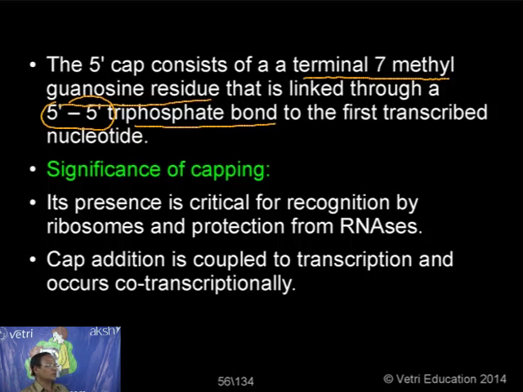Now, what is the importance of the capping process? With the help of this cap, the mRNA can be recognized by the ribosomes. Only when you have the cap can that mRNA be recognized by the ribosome. Not only that, the RNA is also protected, because of the presence of this cap, from the nuclease enzymes responsible for the degradation of mRNA.